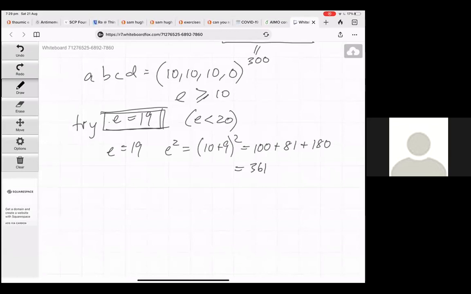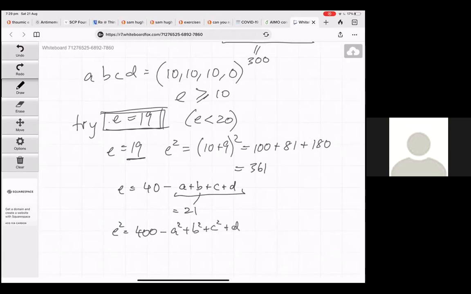So that means we've got E equals 40 minus (A plus B plus C plus D). Well, if E is to be 19, then we need this to be 21. And E squared is 400 minus (A squared plus B squared plus C squared plus D squared).